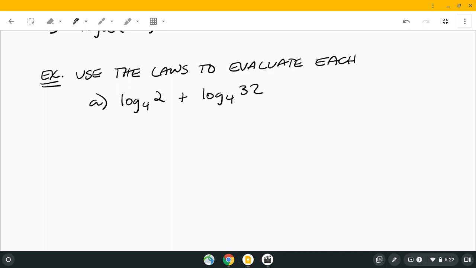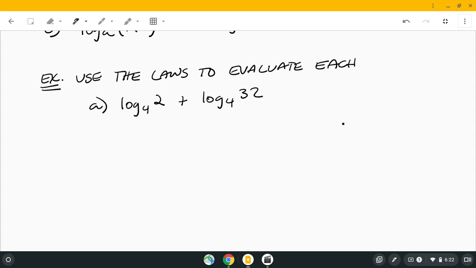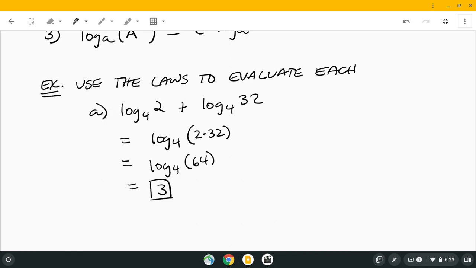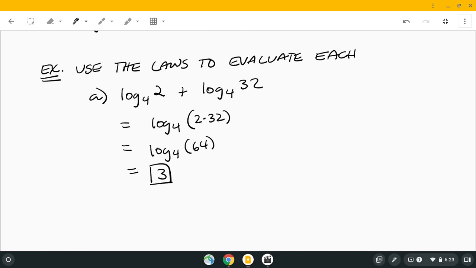According to the laws up above, if I have a sum, I could rewrite this as a single log of a product, 2 times 32. Well, 2 times 32 is 64. Here, 4 to what power will give me 64? 4 to the third power. 4 times 4 is 16, and 16 times 4 is 64.